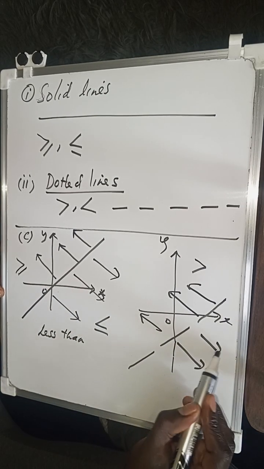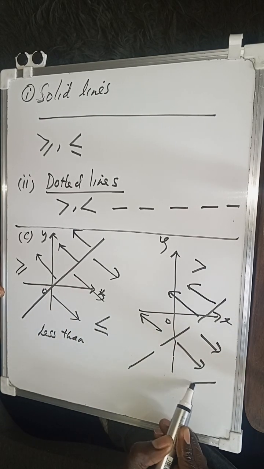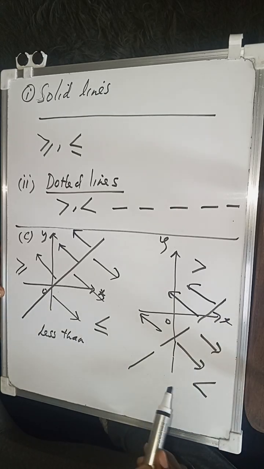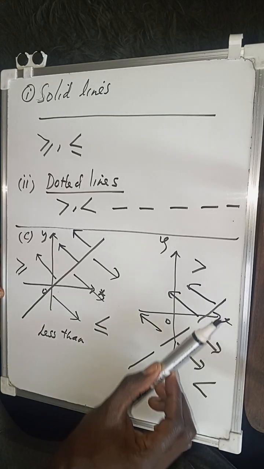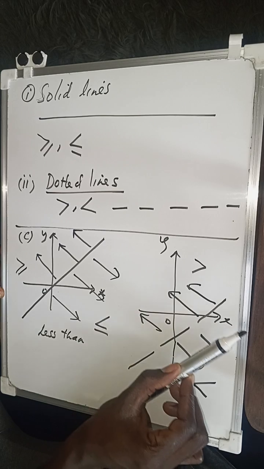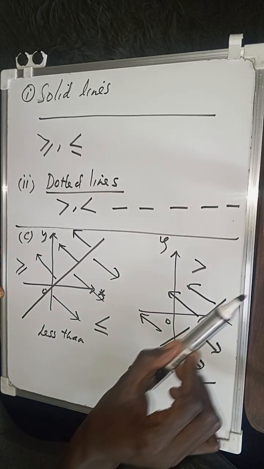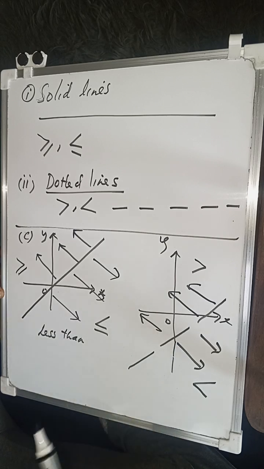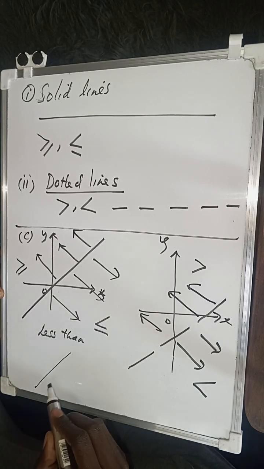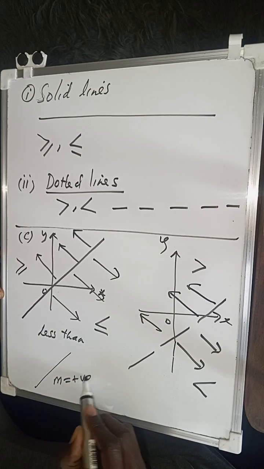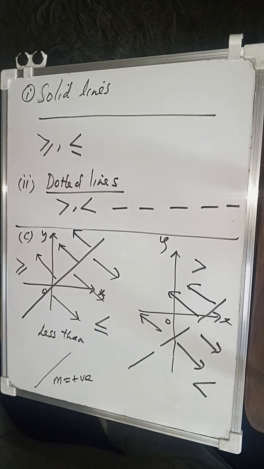Going below this line is going to be less than, because this is a dotted line, no equal to. Remember, it doesn't matter whether the line is below or up. The concept is that it has a positive gradient. Remember, when a line is sloping like that, the gradient is always positive. So that's what we mean in that case.